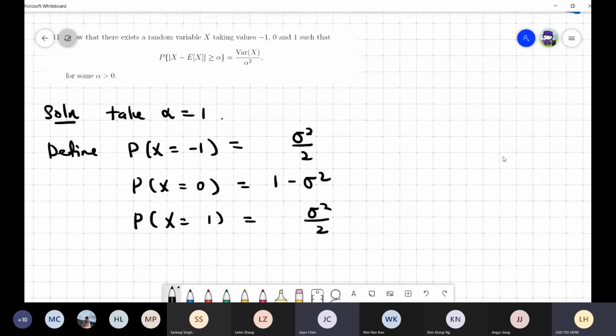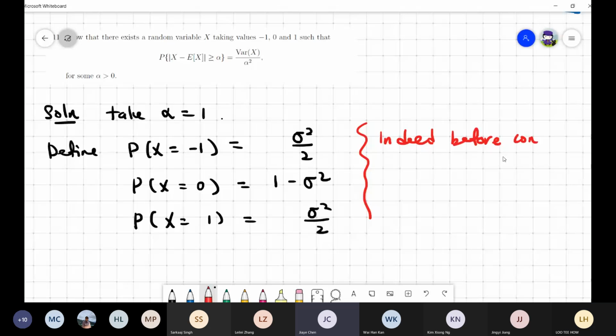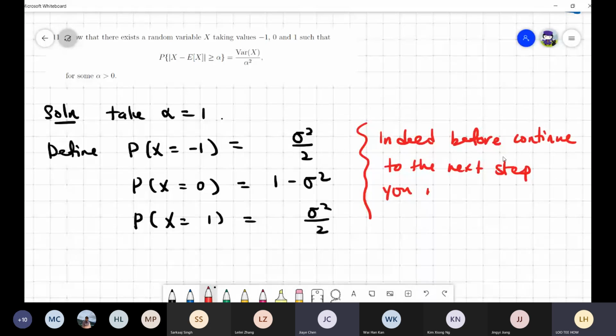Of course, before that, I think I should put an extra remark here. Indeed, before continuing to the next step, you need to ensure P is a probability.